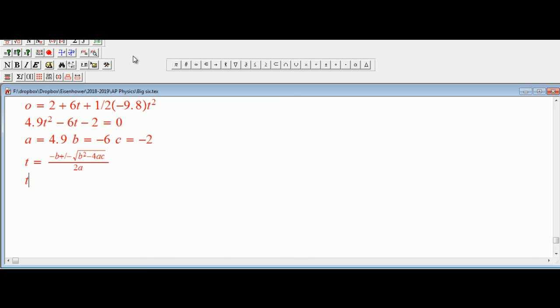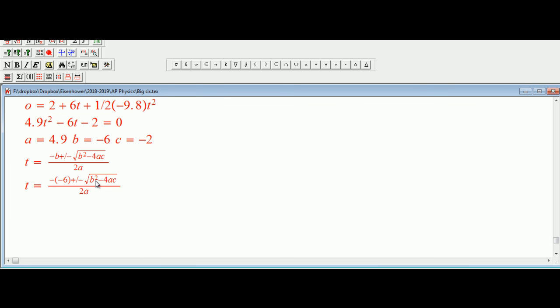I know I have t equals, I'm going to highlight this, copy it, and paste it. My b is negative 6, so that becomes parentheses minus 6.